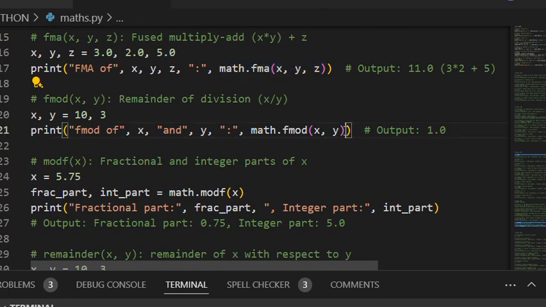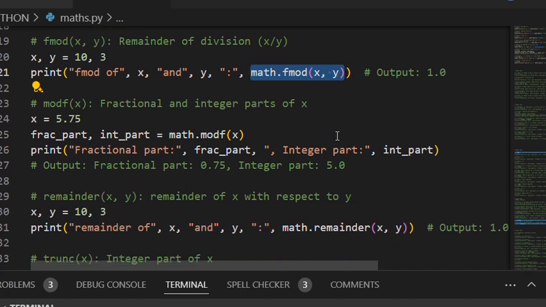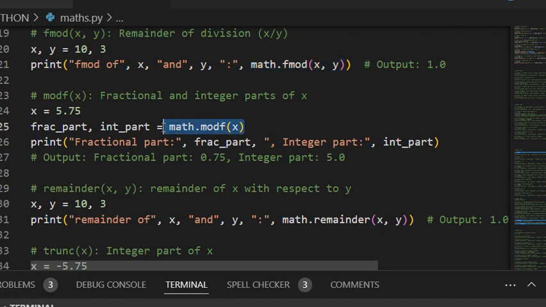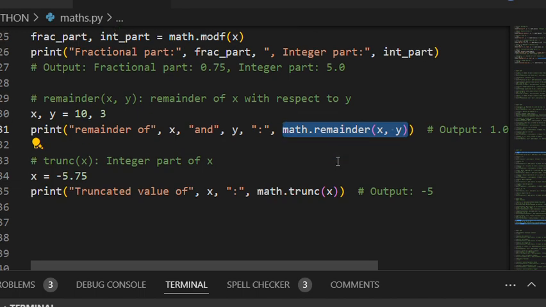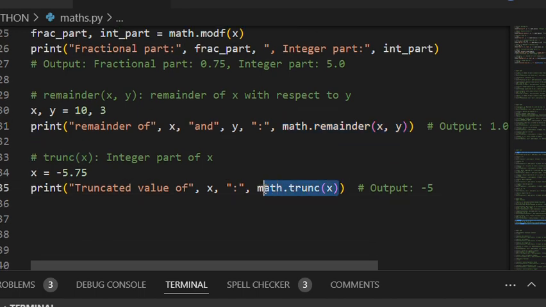Then we have math.fmod, which gives the mod of x divided by y. Then we have math.modf(x), which gives the fractional part first, then the integral part. Then we have math.remainder, which is the same as fmod. So in basic mathematics, both math.remainder and math.fmod do the same thing. Then we have math.trunc(x), which gives the integral part of x.